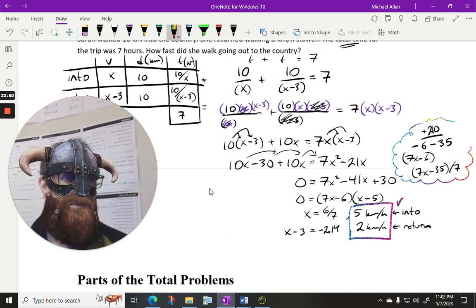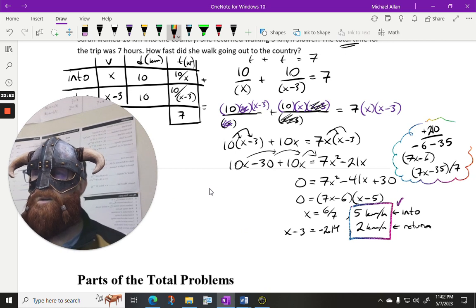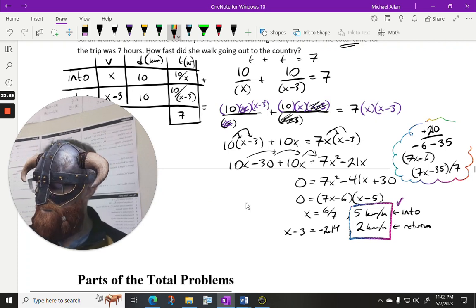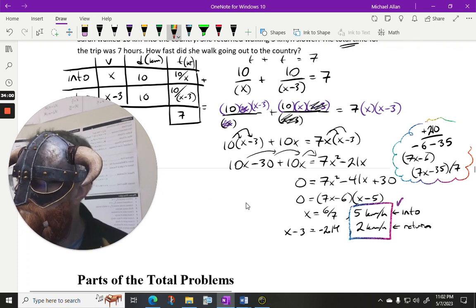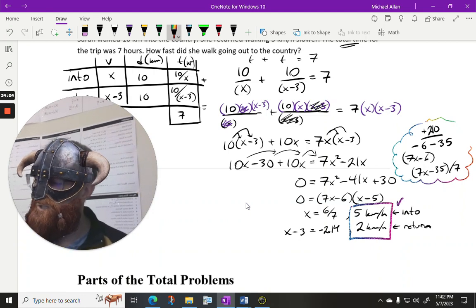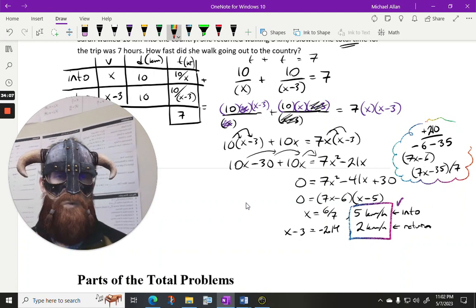Yeah, there we go. So I'm going to pause it there for now, and I'm going to hand out, or again, whoever is here, hand out the rational expressions and equations assignment.